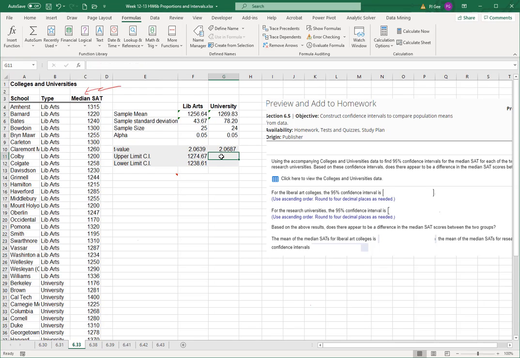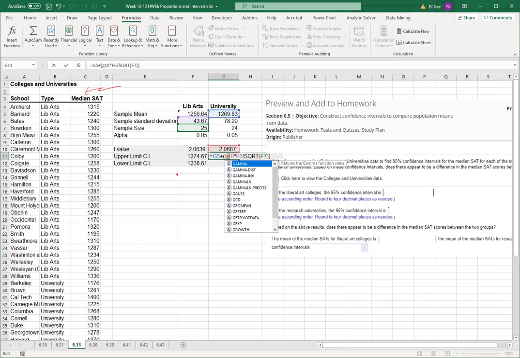I think I could do that again. Control V. I hate to have to type that over again. Okay, we don't do this. Plus. Just type that one in.